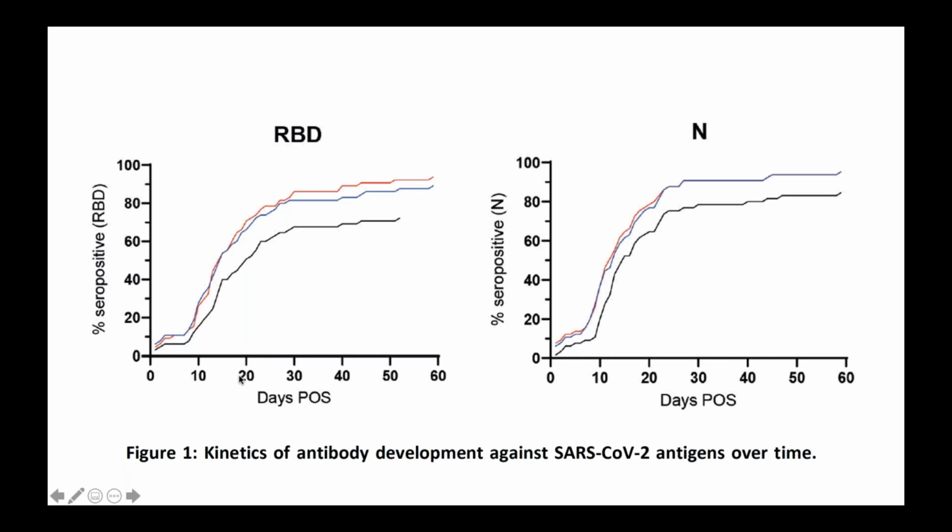And then the x-axis is days post-symptom onset. So for both of these graphs, you can see that on average, again, right around 2 to 3 weeks is when the majority of people have achieved antibody responses. This is really confirming what we know from many other studies as well.